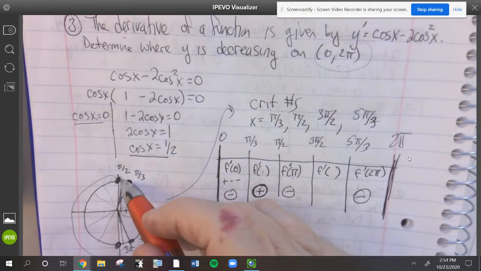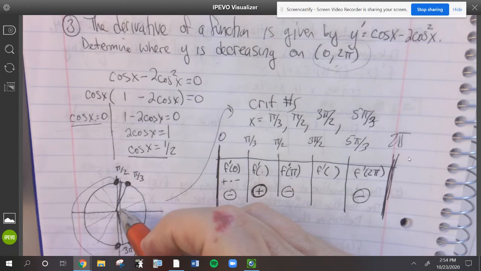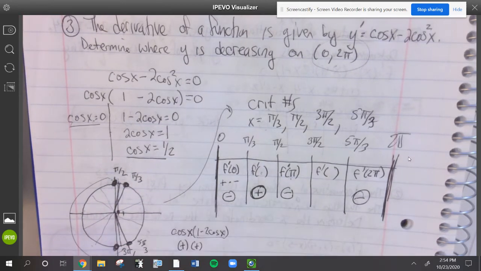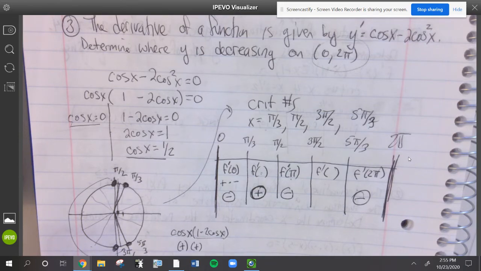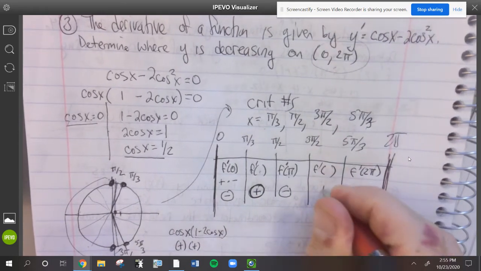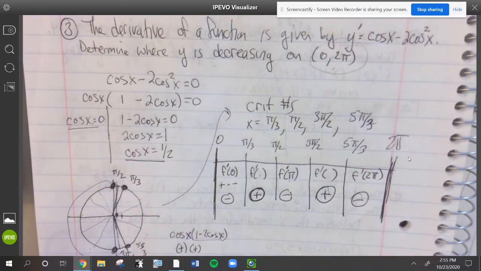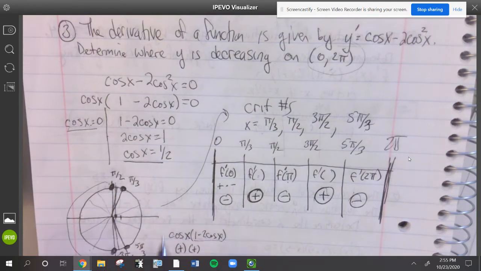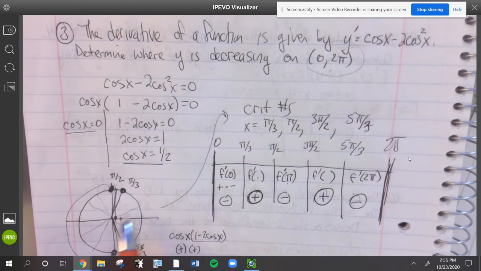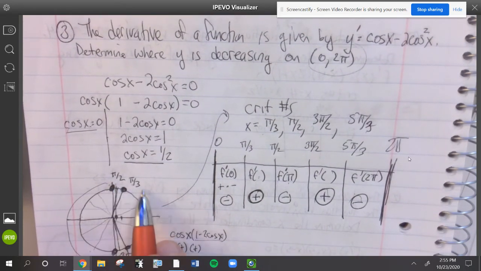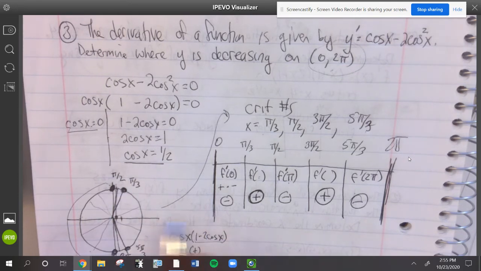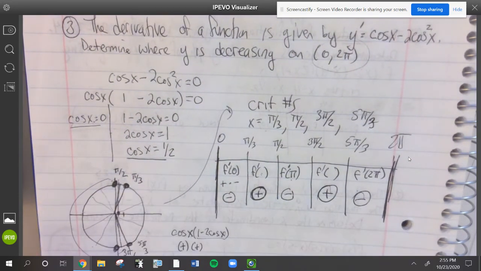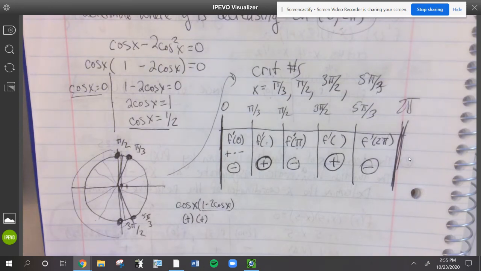Well, that's going to be the exact same as this because they all translate to this point right here. You can think of it as positive 0.0001. So nothing's going to change here. Now, if you really didn't understand it, you could plug this into your calculator. Find something between pi over 3 and pi over 2, make it a decimal. But it's nice to think about it that way and use the unit circle.